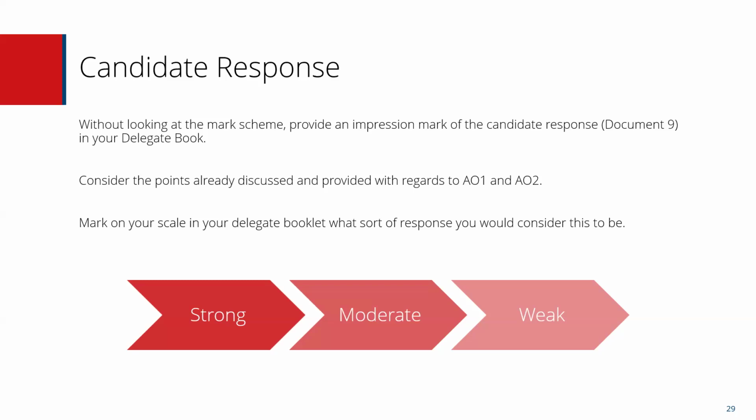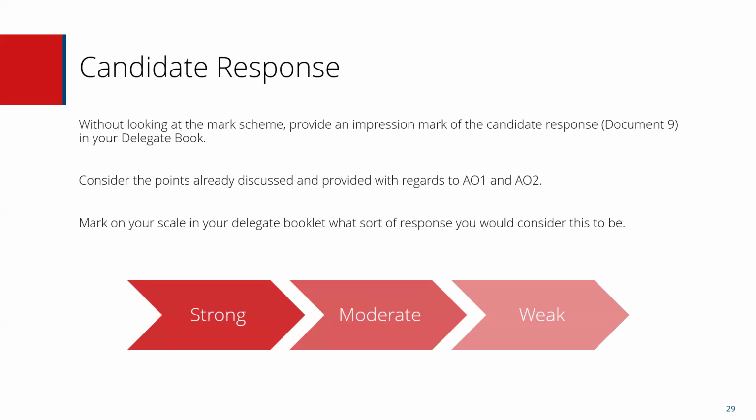Now, level 3 answers. They're not always sustained, but they do give a clear explanation, and they show some analysis. This is where you want to look at your level 3 and your level 4, because the explanation in level 3 can move, their line of argument can dip in and out.